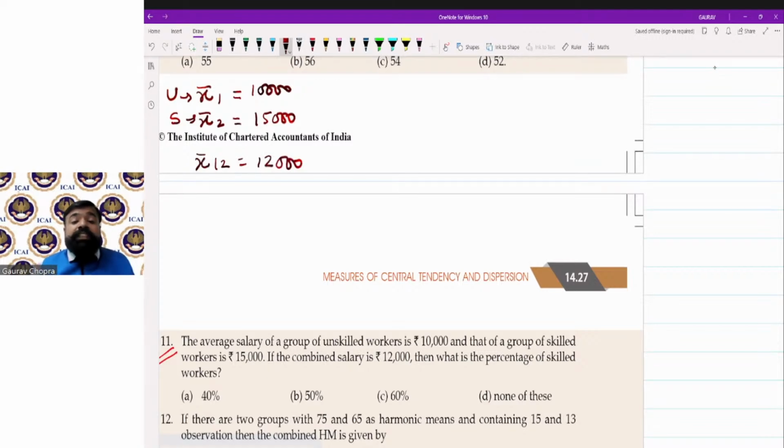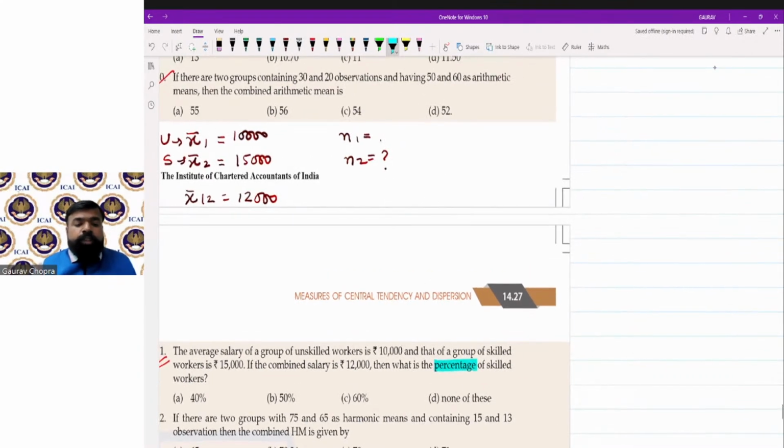Now, what is the percentage of skilled workers? We don't have N1, we don't have N2, but we require the percentage of skilled workers. That means N2 is asked in the question, and that too in terms of percentage. We require the result in terms of percentage.